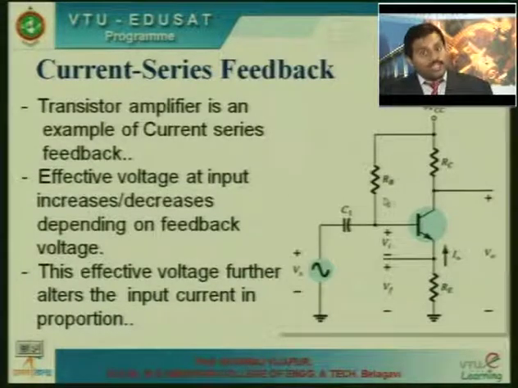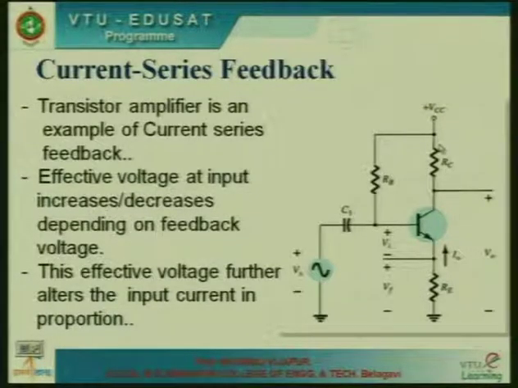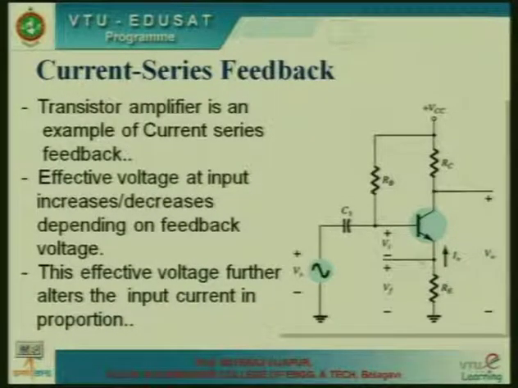Supply VCC along with RB forward biases the base to emitter junction. VCC along with RC reverse biases the collector to base junction. Then you have another important element, a resistor RE, which provides stability and protection against temperature, or Q point shift, which we have analyzed previously.